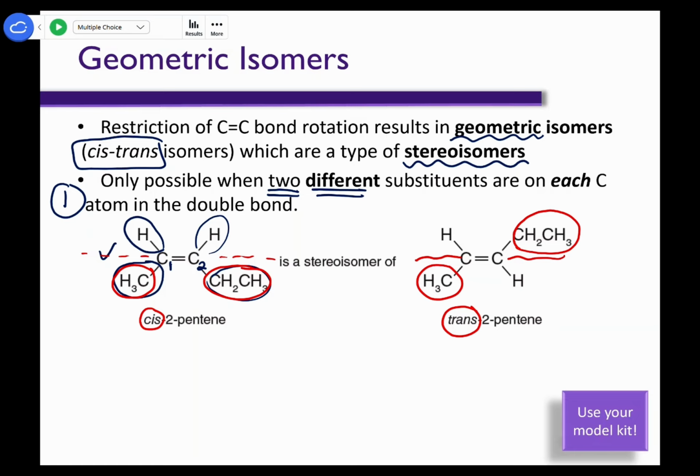Now you can build the rest of the molecule using methyl and ethyl. I'm going to keep it simple today and just use different colored balls. So for my hydrogens, I'm going to leave those blank. For here, my methyl, I'm going to use blue, and ethyl, I'm going to use red. So go ahead and build the molecule on the left.